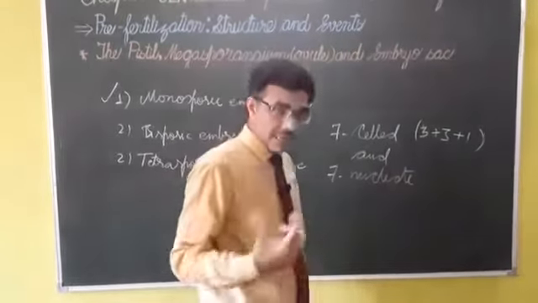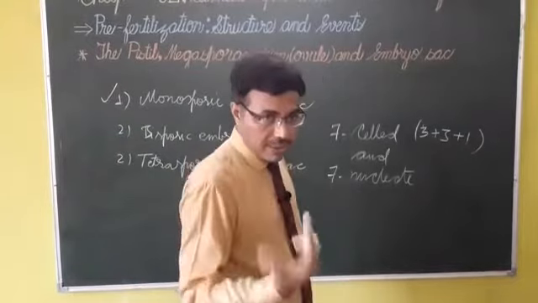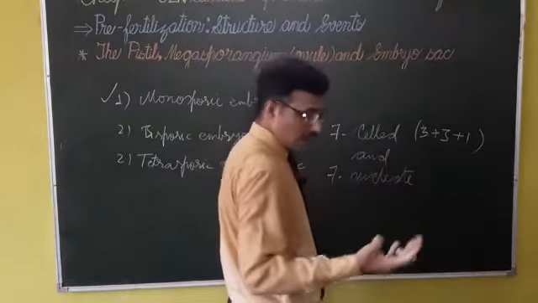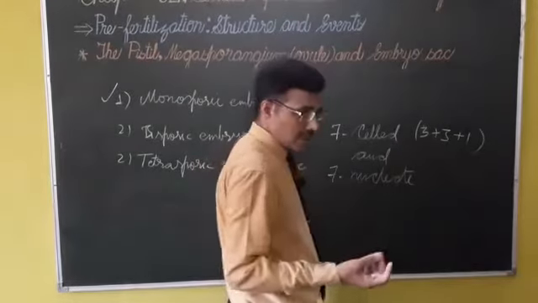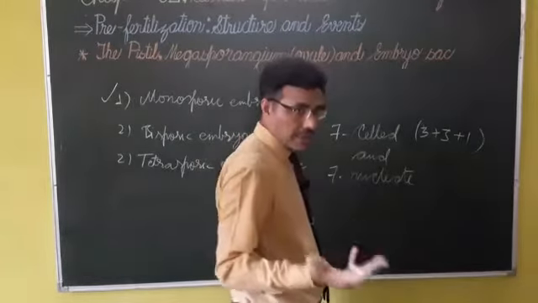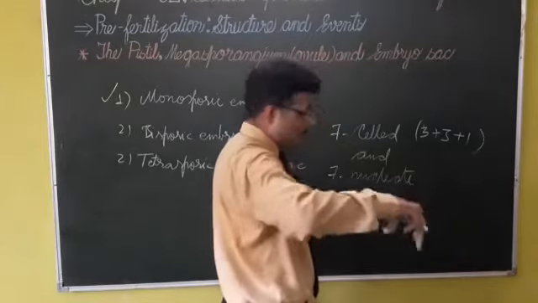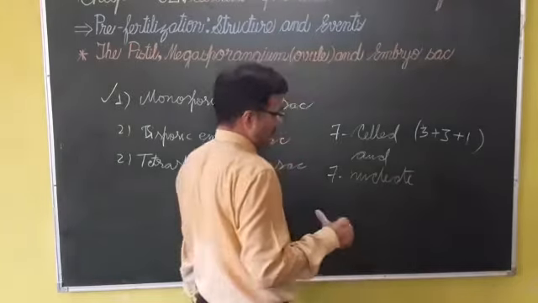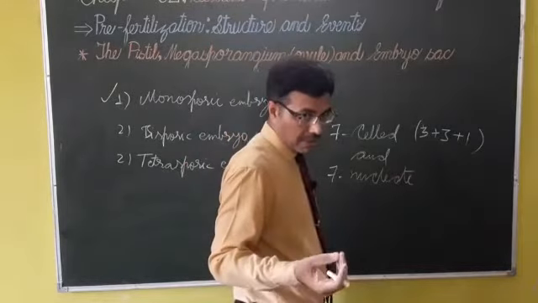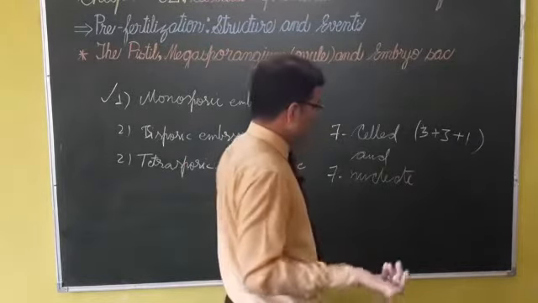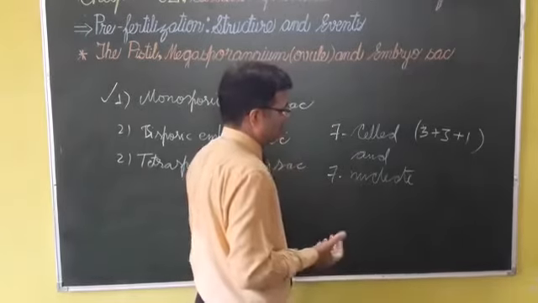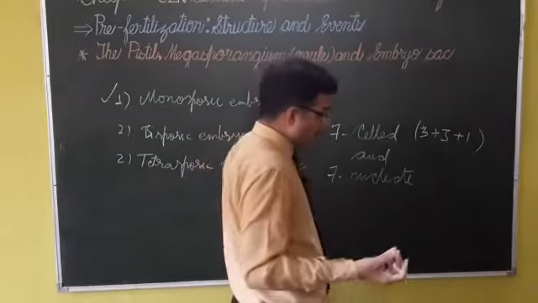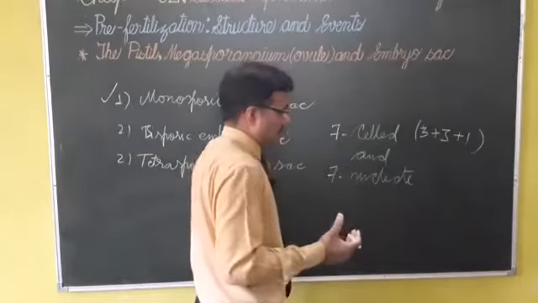At the time of fertilization, 7 nuclei are there: 3 nuclei, 1 each in the antipodals, 3 nuclei, 1 each in the synergids, and 1 nucleus which has ploidy 2n, the diploid nucleus, after the fusion of the polar nuclei. So in this way 7 nuclei are there.